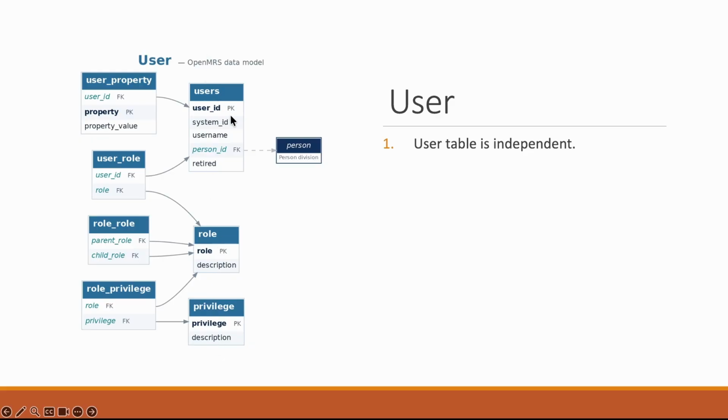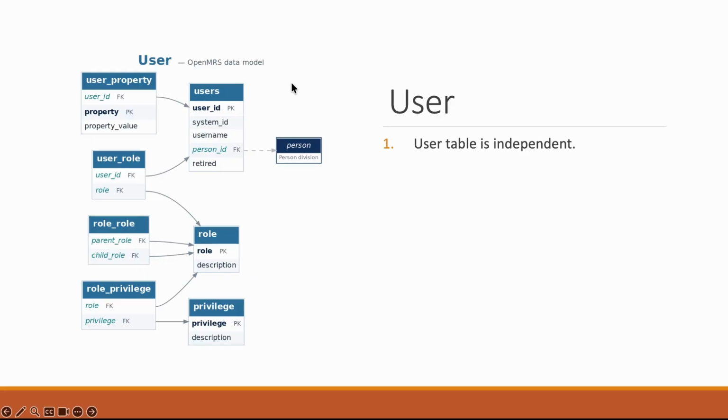The reason being that the word user itself is a reserved keyword in MySQL database and all other databases as well. So when you say user, the SQL query itself gets confused. Is it a table or a what? So you have to put in quotation marks to say no, this is a table. To avoid that situation, OpenMRS kept this table as users in plural.